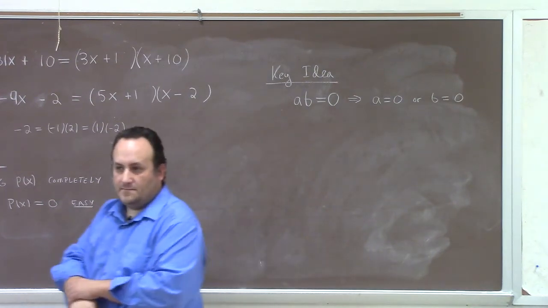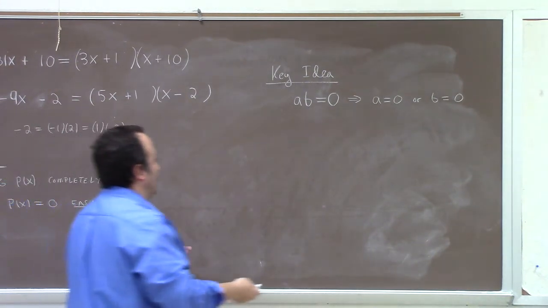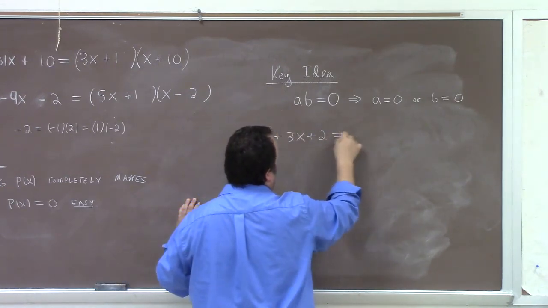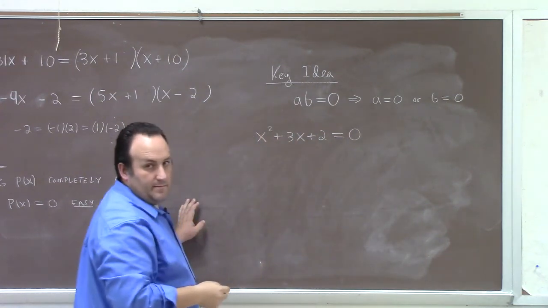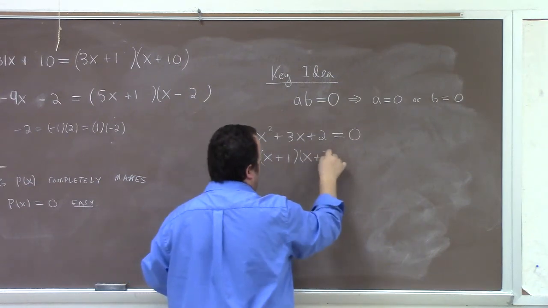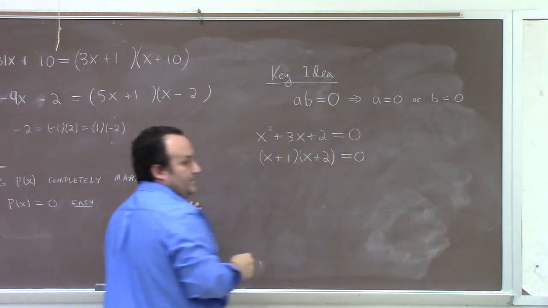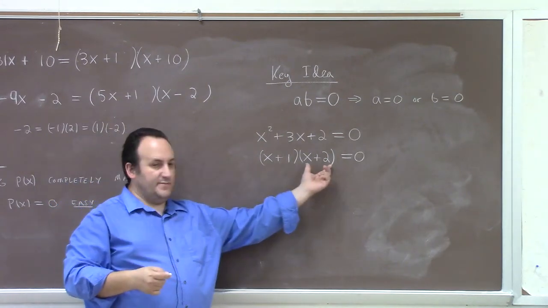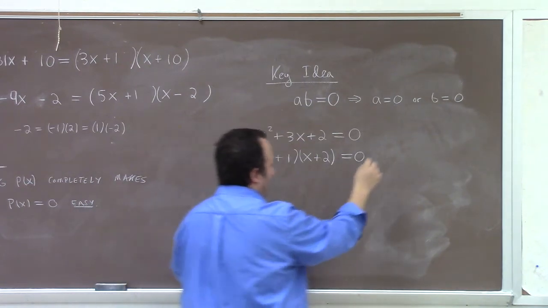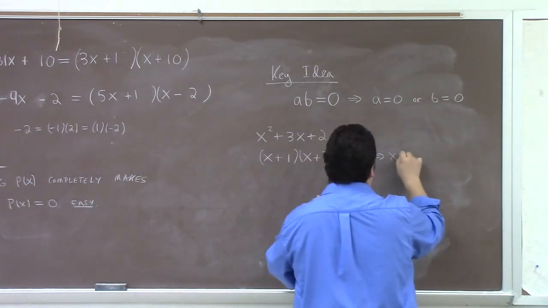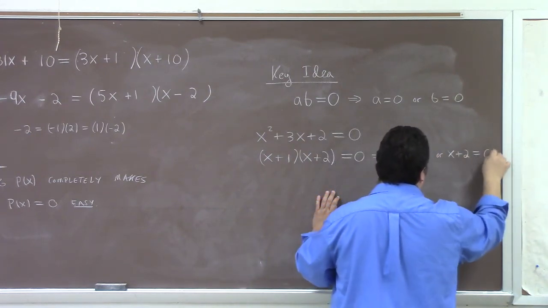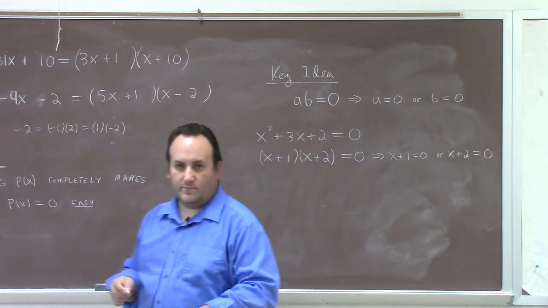So when I have something like x squared plus 3x plus 2 equals 0, and I can factor that like this, I can think about this as being a and that as being b, right? And so this means that either x plus 1 equals 0 or x plus 2 equals 0, right?